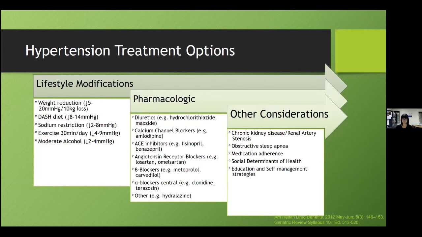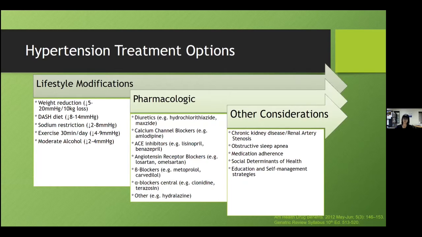ACE inhibitors and angiotensin receptor blockers, or ARBs, might be something we'd reach for, particularly if a person has diabetes or other cardiac disease. Beta blockers, again with cardiac disease, might be something you would reach for as a first-line therapy. The alpha blockers, like clonidine, being more non-selective, you definitely can get a lot more CNS effects, so confusion and an increased risk of falls.